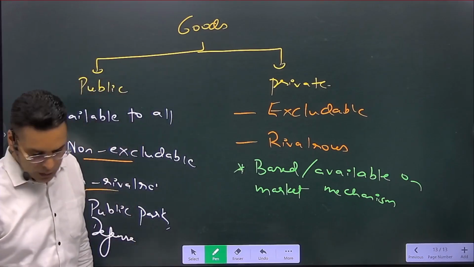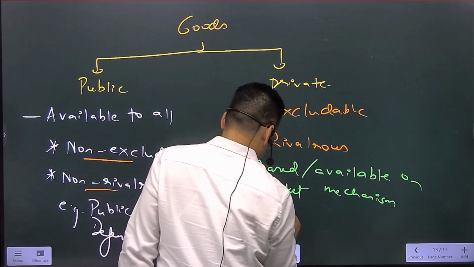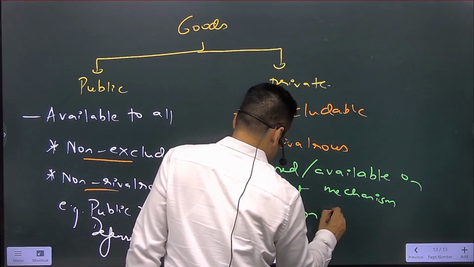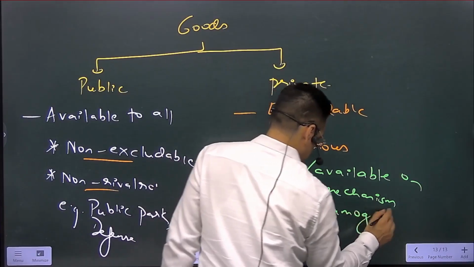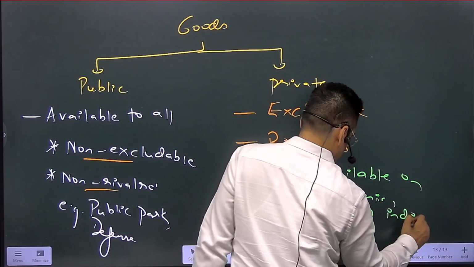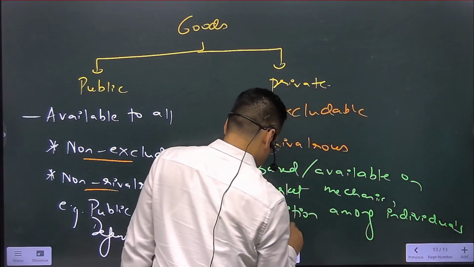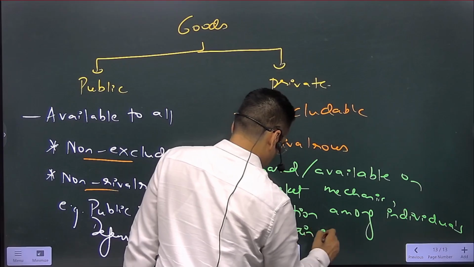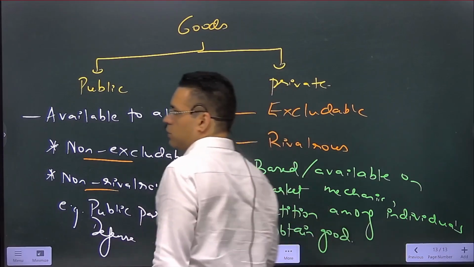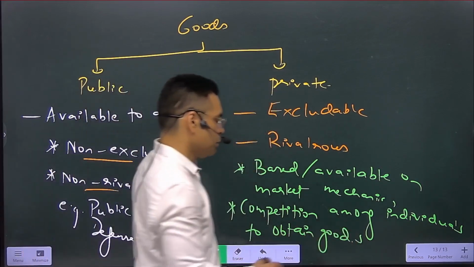Competition among individuals to obtain goods. This is market mechanism.